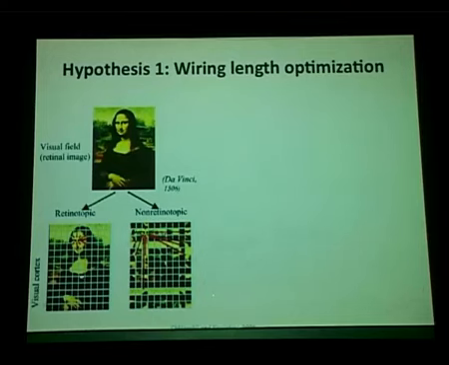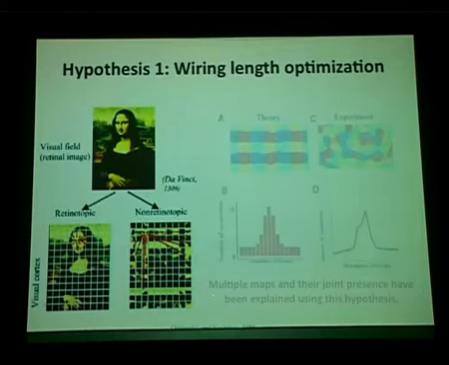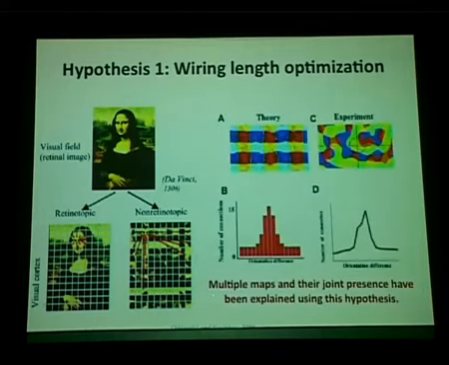On the other hand, if you do have a retinotopic organization, then the axonal length is much lesser. So one of the suggestions was that the map organization is an evolutionary solution, as it were, to the problem of optimizing the amount of wiring length that is required for achieving the same processing that would be required otherwise.